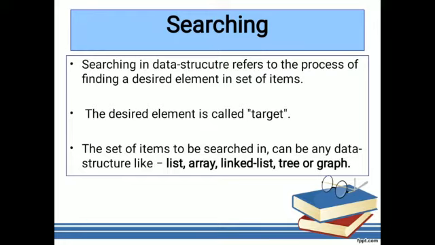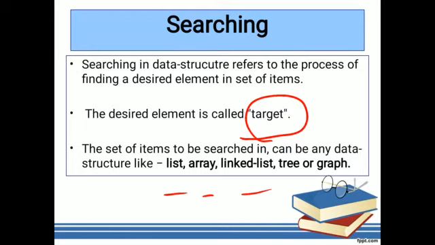We may consider many data structures like lists, arrays, linked lists, trees or graphs. In any data structure, we need to find the particular element, called the desired element, in that set of elements. That desired element is called the target.